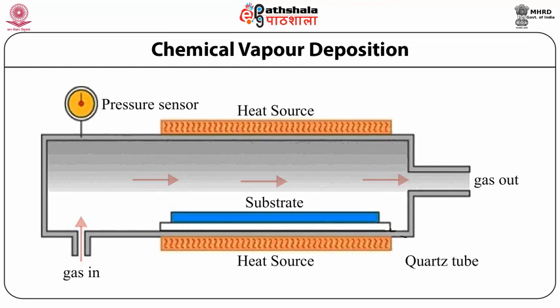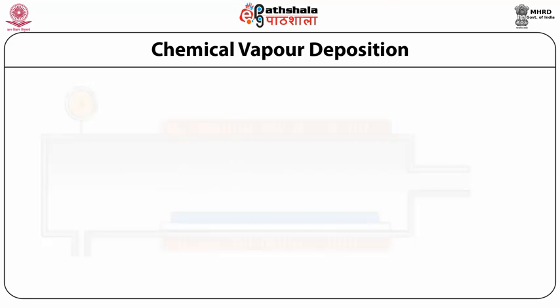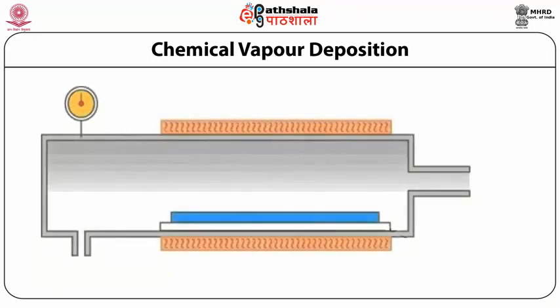CVD must take place under a vacuum to avoid the inclusion in the film or creation of side products from the reaction of the ambient components with the precursor gases.